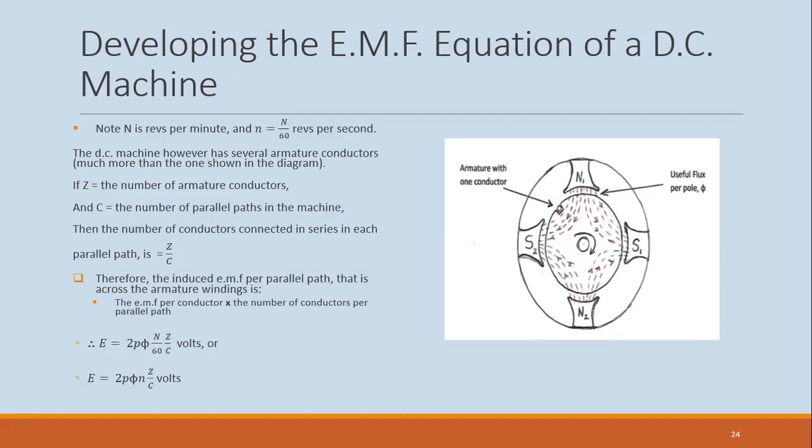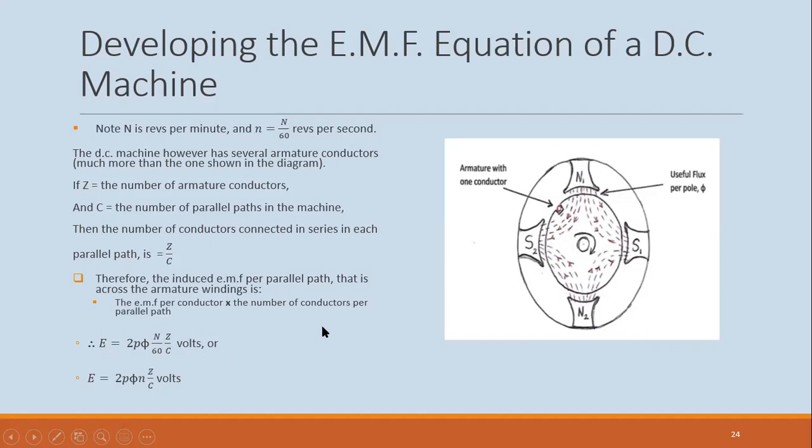So if the induced EMF in one conductor is 2p phi n over 60, in that parallel path the induced EMF in all of those conductors would be 2p phi n over 60 times Z over C, where Z over C is the number of conductors in the parallel path. Imagine you have 6 1.5-volt batteries in series.